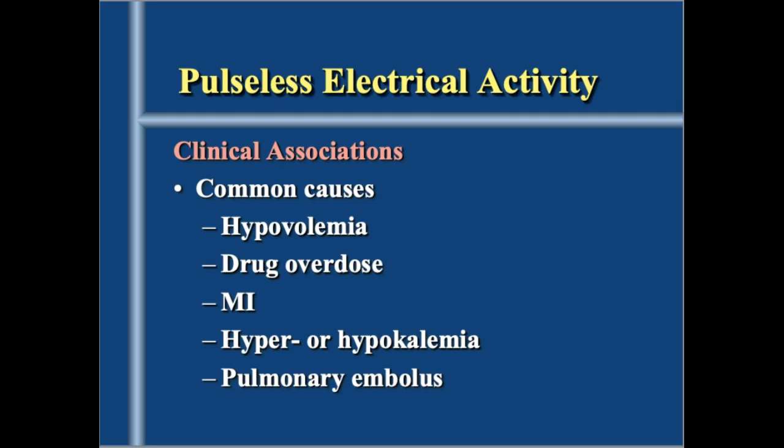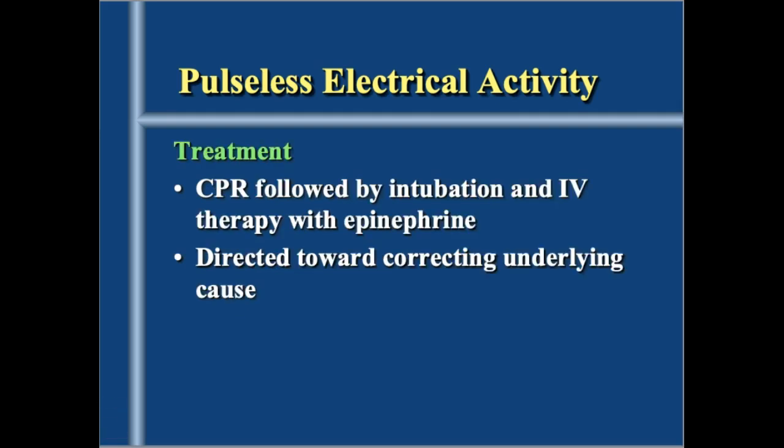With this, we look at things we call the 4 H's and the 4 T's. Common causes for this are hypovolemia, hyper or hypokalemia, pulmonary embolus. You can have an MI, a drug overdose. So you're going to be, like I said, doing CPR. You're going to intubate. You're going to make sure they have an IV, and you're going to give them epi, and you're going to correct the underlying causes.